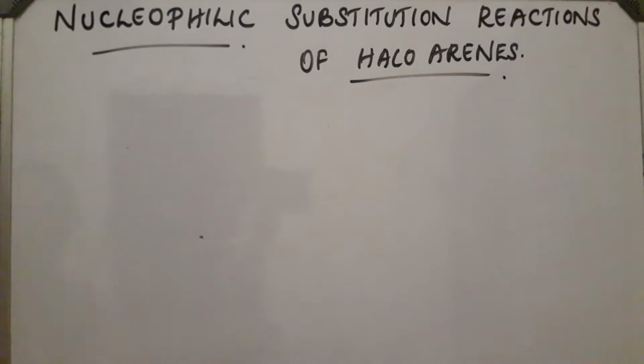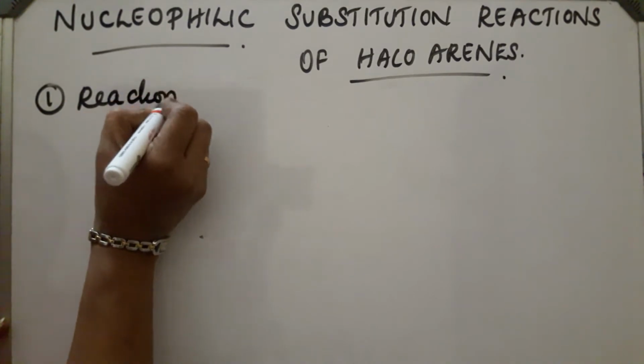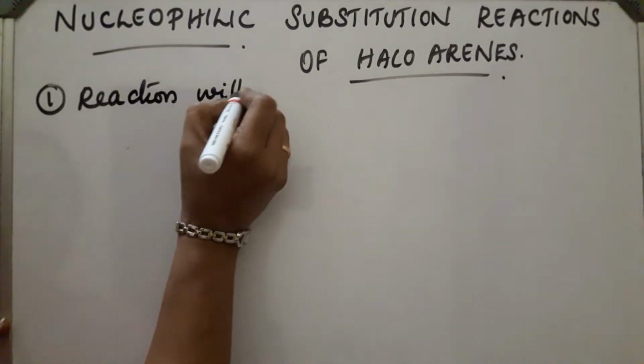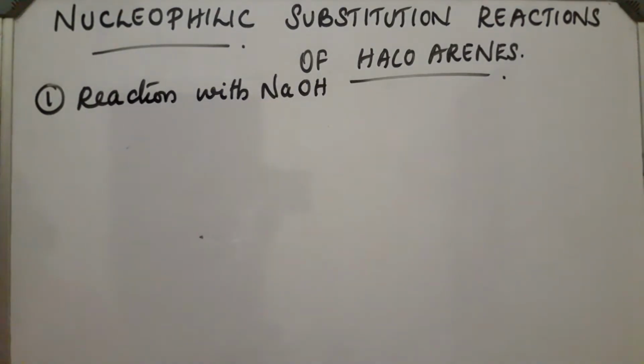First one, reaction with sodium hydroxide, NaOH. Chlorobenzene or haloarene on reaction with, or heating with, aqueous NaOH at about 623 Kelvin and 300 atmospheric pressure gets converted into phenol.